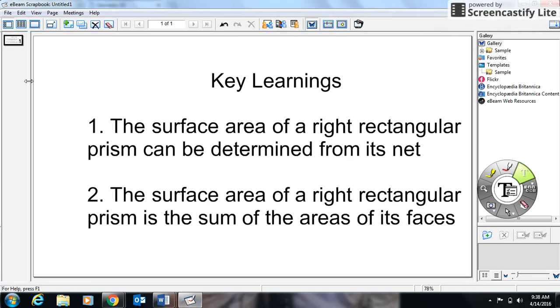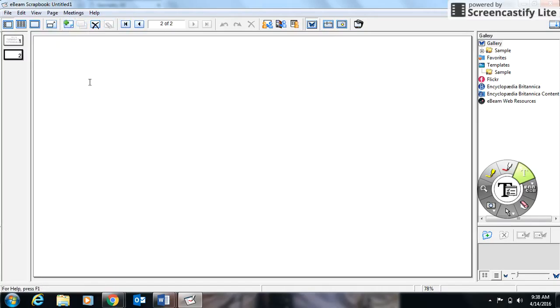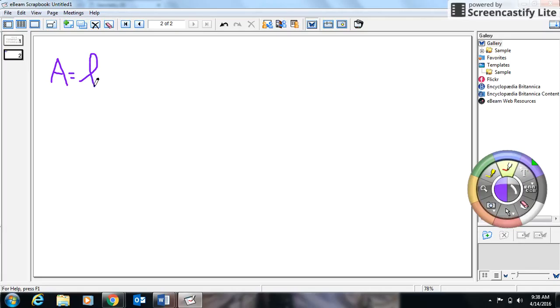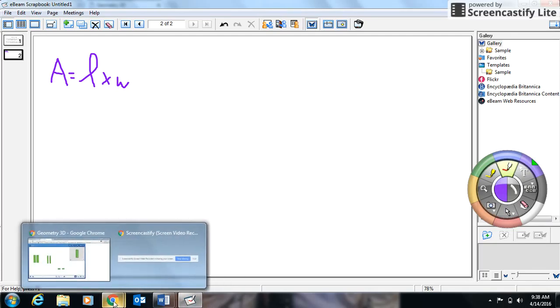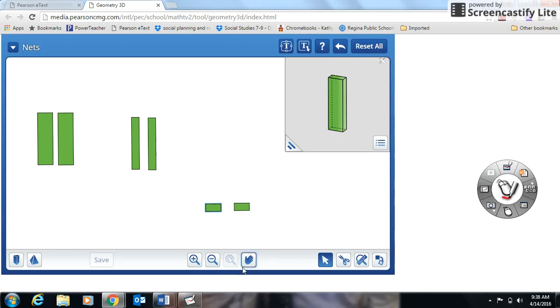So I'm going to go over here and start a new page. I know the area is equal to length times width, right? We've learned that from grade 4 on, I believe. You can tell it's been a while since I made a video because my penmanship is not great.